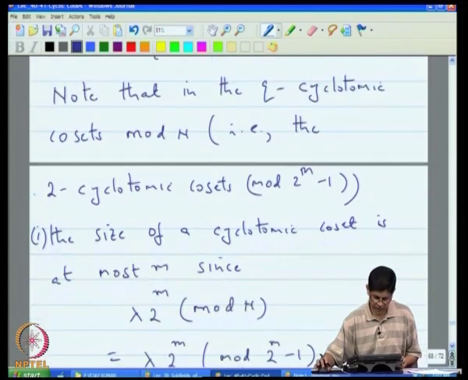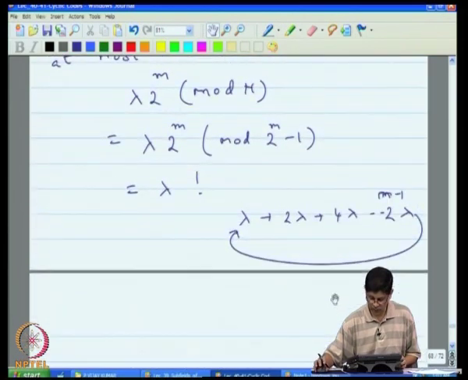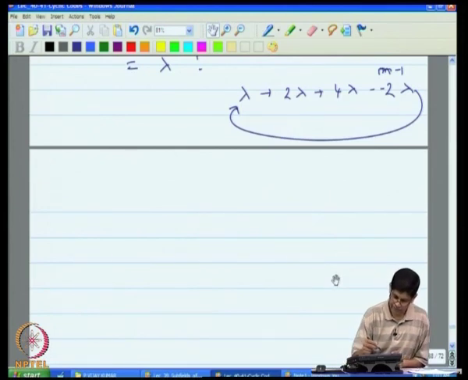The second observation: remember that we are trying to estimate the size of the null spectrum, which contains these 2t consecutive zeros. The second observation is the following.